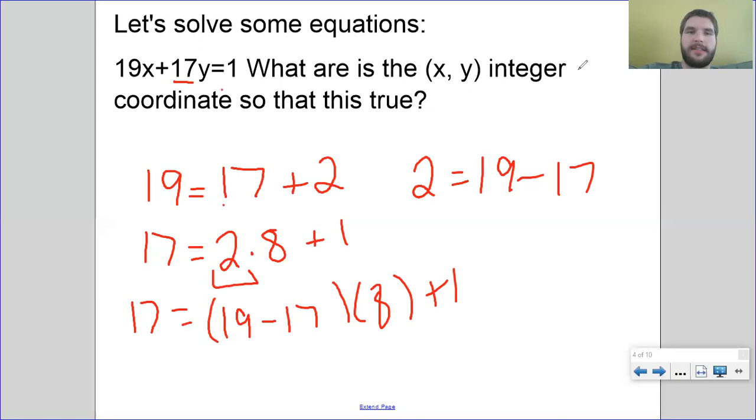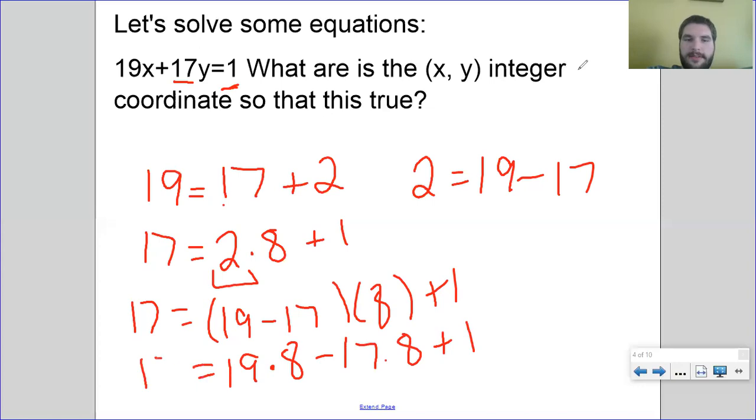But remember, I want this to equal 1. So let's multiply this out. This is 19 times 8 minus 17 times 8 plus 1 equals 17. Now, again, I'm trying to solve for 1. We want to eventually end up with 1 equals. So we're going to add the 17 times 8 to both sides.